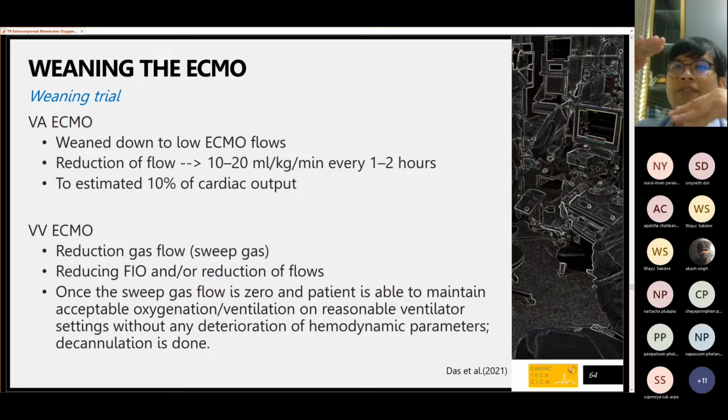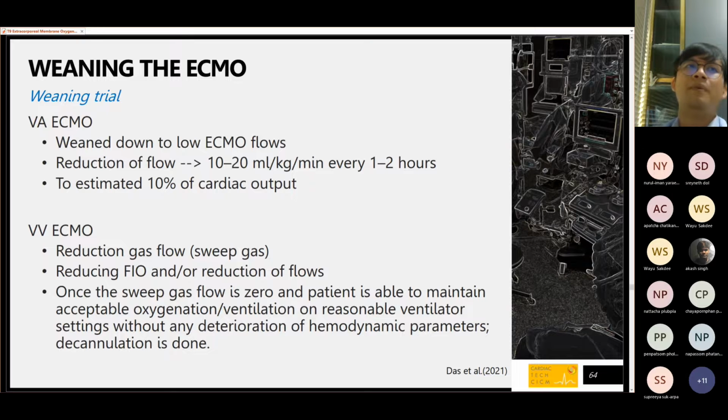After we reduce, if the patient comes back a little bit, we can reduce more, until we reduce support to about 10%. That's said to be safe for withdrawing the ECMO, turning off the ECMO and decannulation.